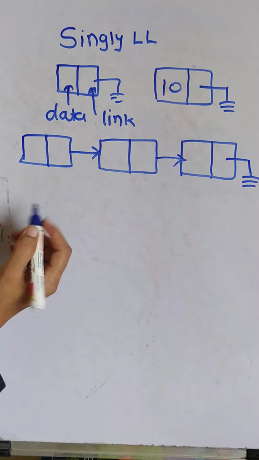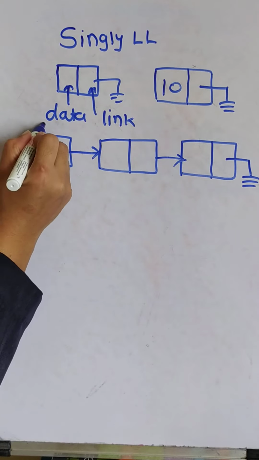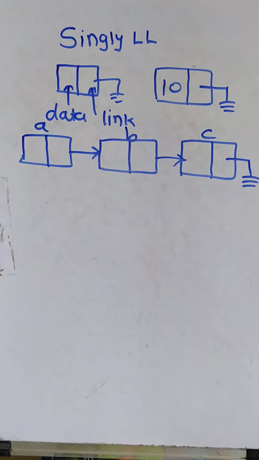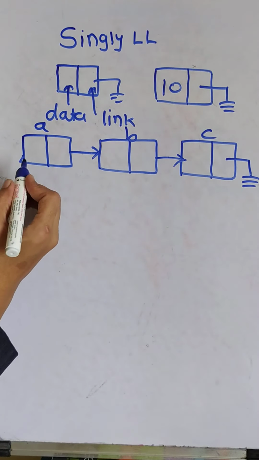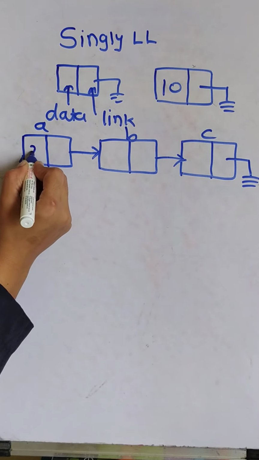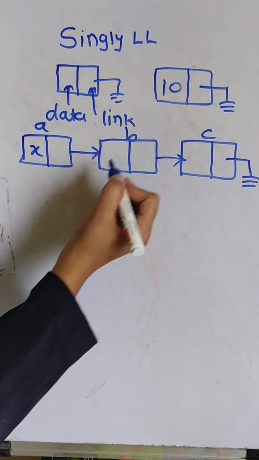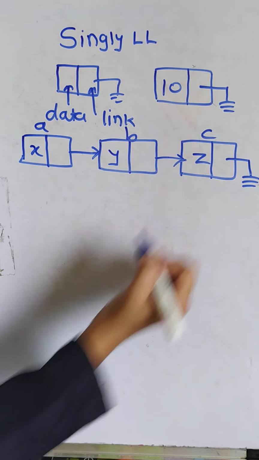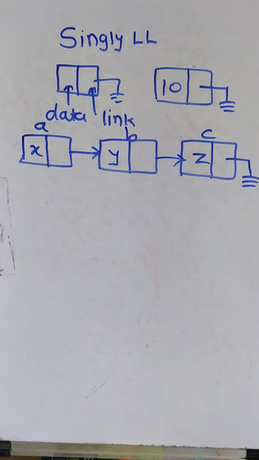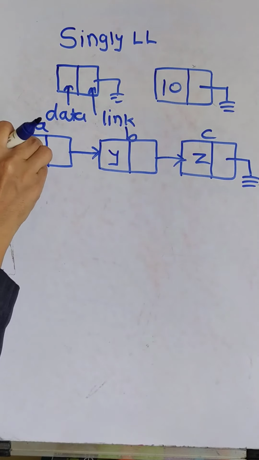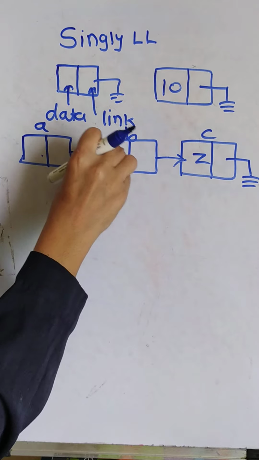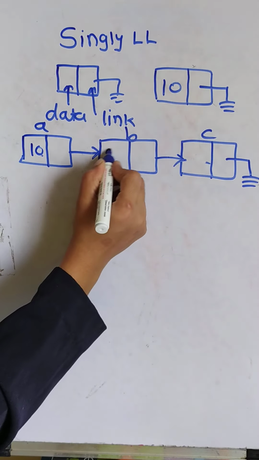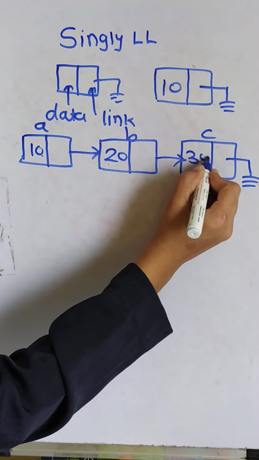This arrow connects node A, B and C. We will consider these three nodes. Node A has data X, node B has data Y, node C has data Z. Or you can take the values directly, 10, 20, 30. Here I am storing the value 10, here is 20 and here is 30.